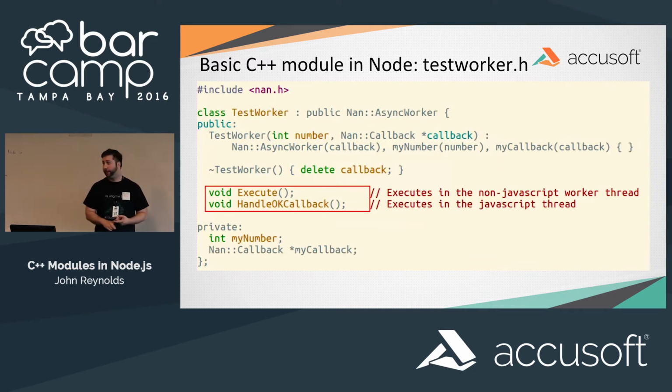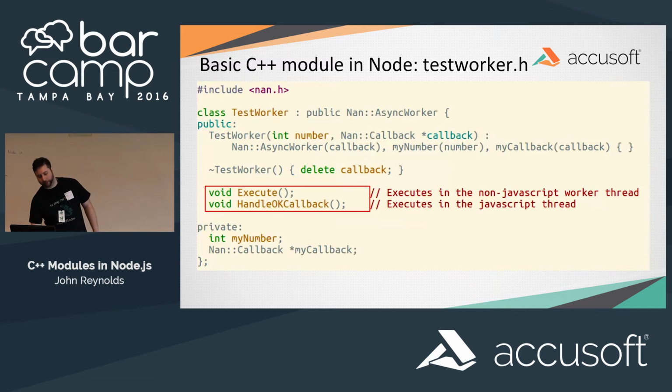These are overloads of the AsyncWorker class. Additionally, although for the sake of brevity I did not include it in this example, there's the HandleErrorCallback. If an error occurs in your native code, you can set an error and that function will be called instead of the HandleOKCallback.